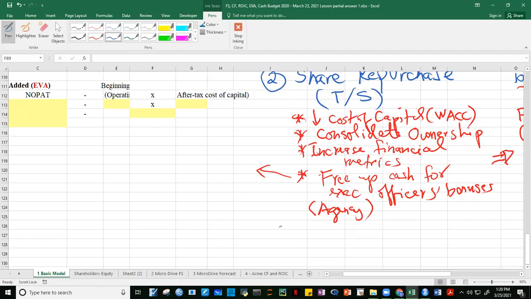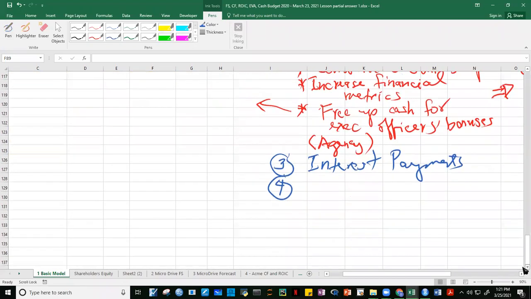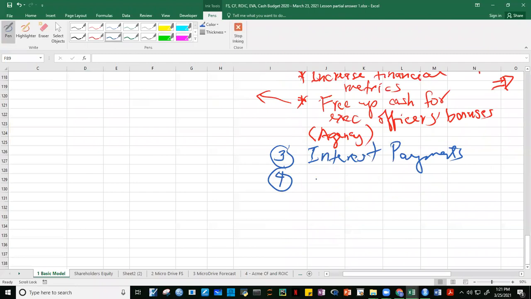So number 3 is, of course, it's used for interest payments. Interest payments for the creditors, and also, what else? It's not only the interest that is paid, right? What else is paid at the end of the term?